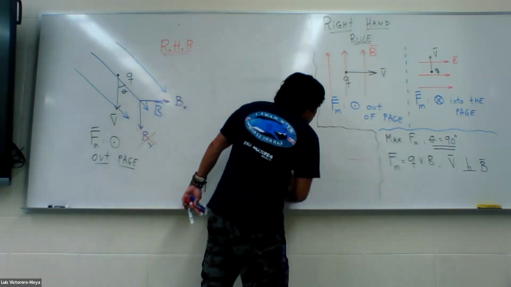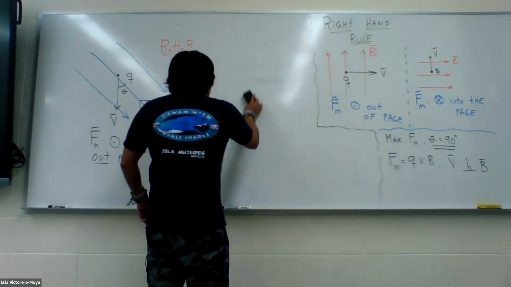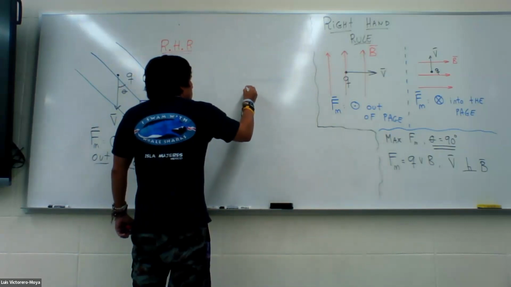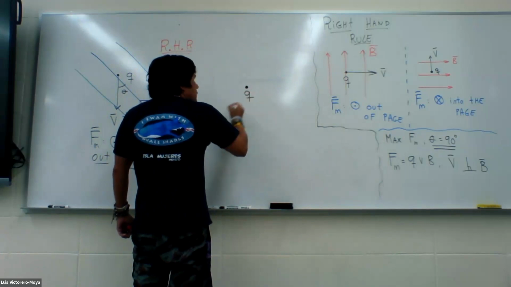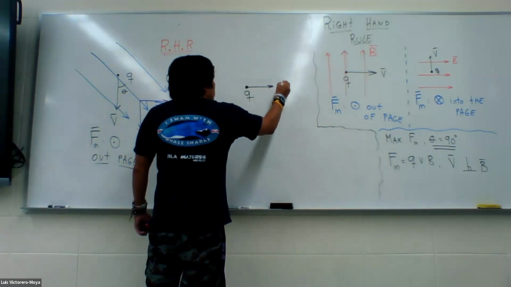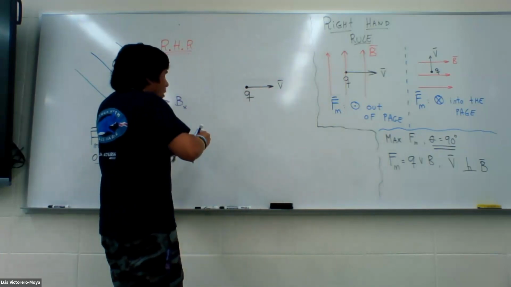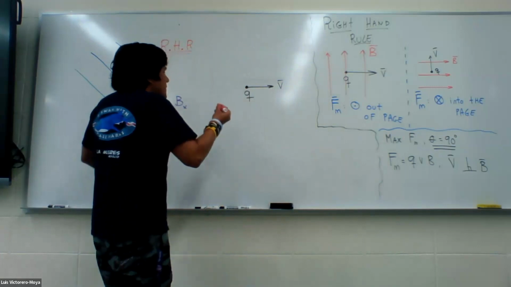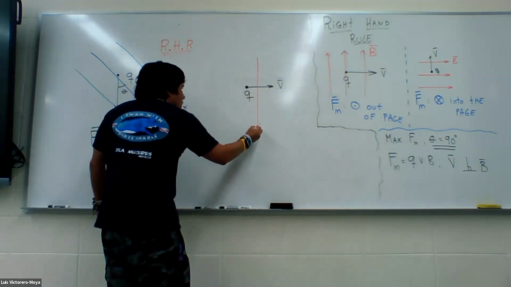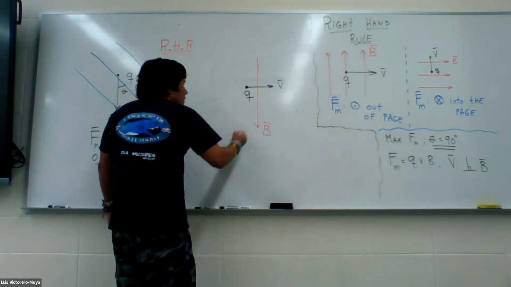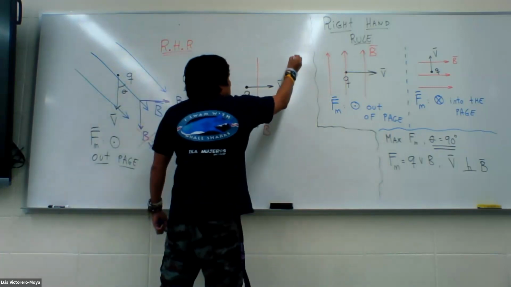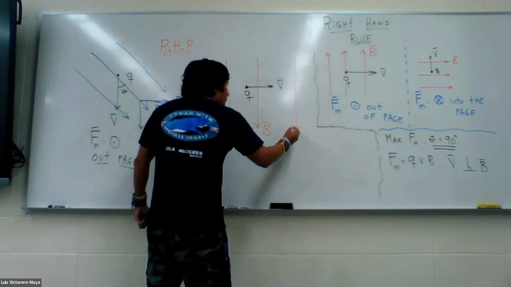If the charge is negative, you use the same rule. Let's suppose Q is going to the right again, like that. But now I'm going to say that the field is going downwards, like that.